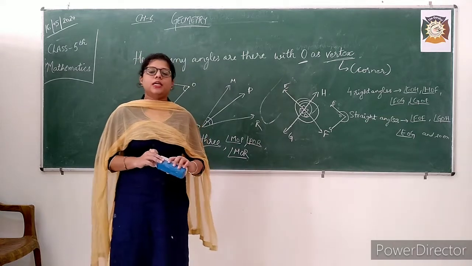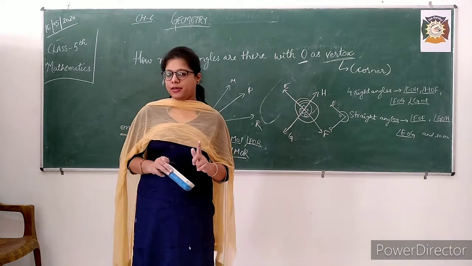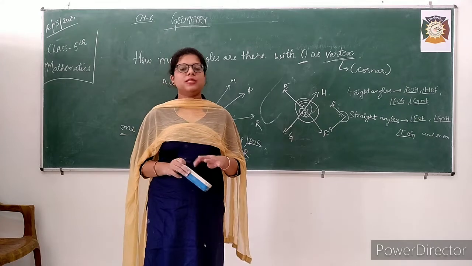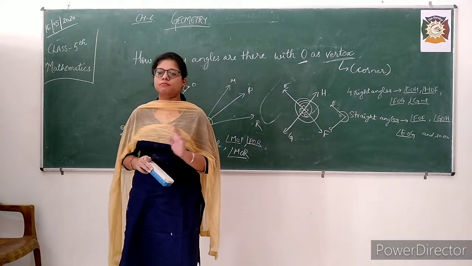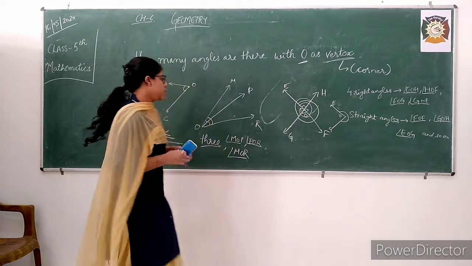Next, you are given some objects: a fan, a book, a compass, and the last one is a clock. You are to match the objects with the angles they make. So let us do that.